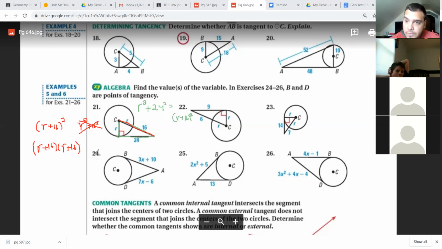After that, we could FOIL or distribute everything to everything else. We're going to do 4 distributions. I'm going to do it quickly, but you could practice this in the next 2 examples. R squared plus 16R plus 16R plus 16 squared, which is 256.